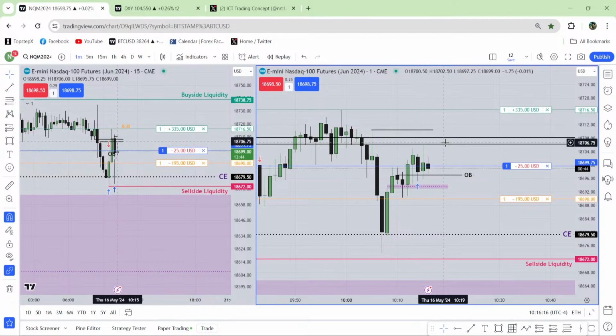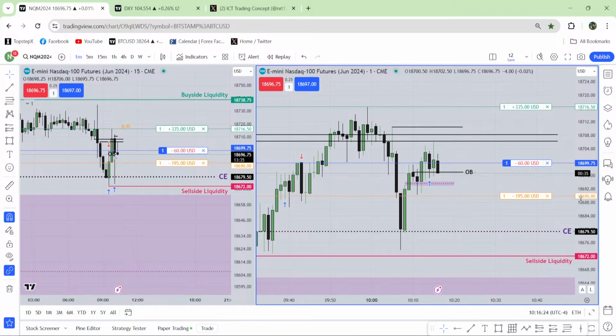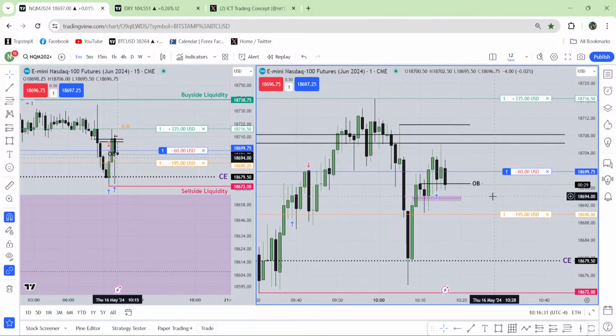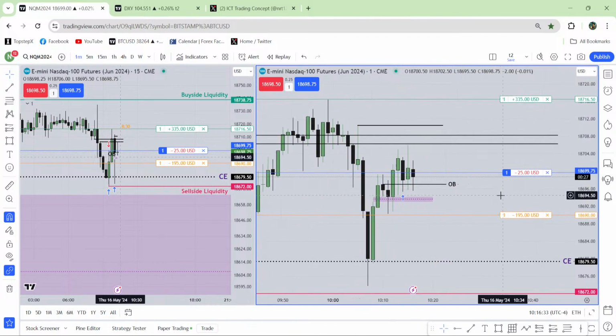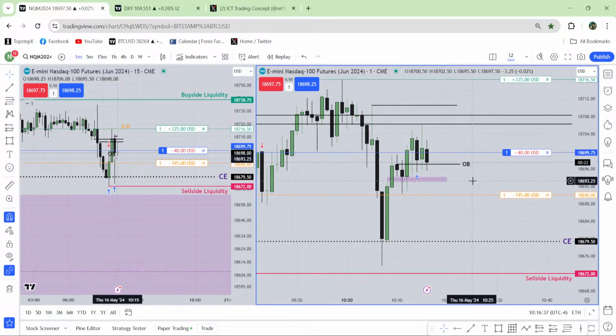Any of this can happen. If it closes above this fair value gap or above this line, then I will trail my stop loss. It will depend on the price, and one thing is missing over here, there is no market structure shift. That's the only thing missing from this chart, but still it's cool to me, so I will go for that.